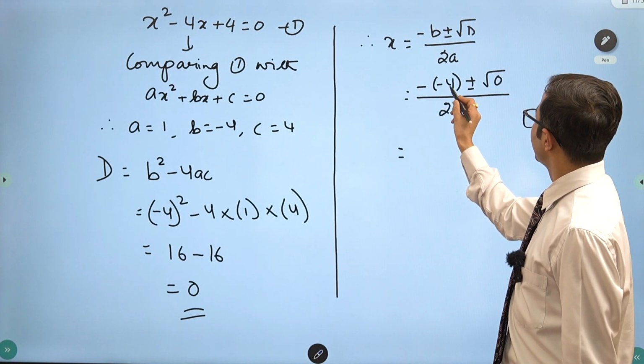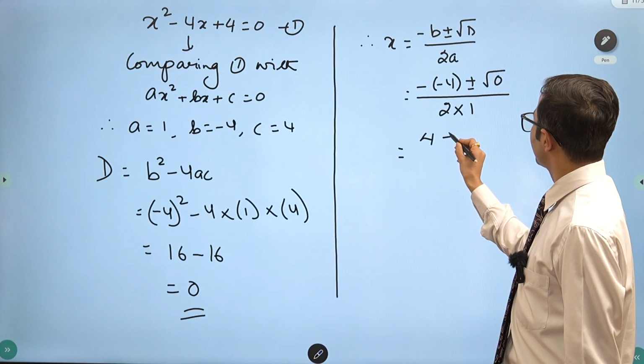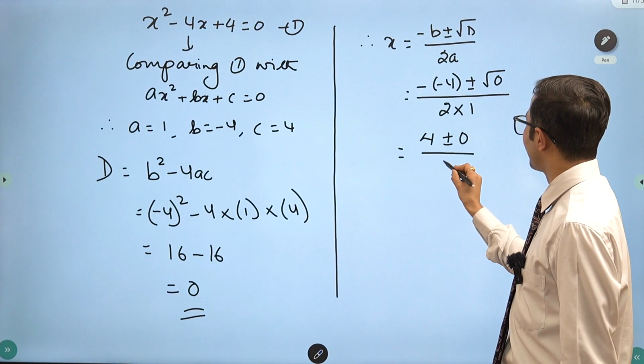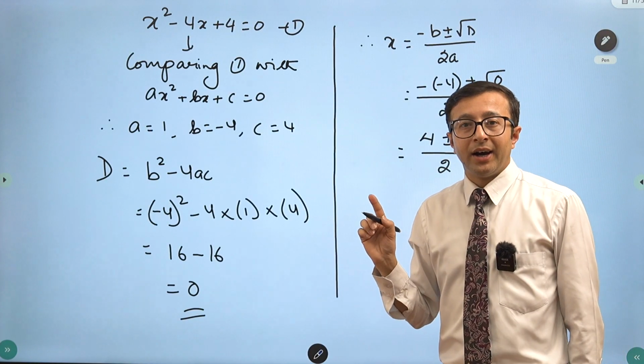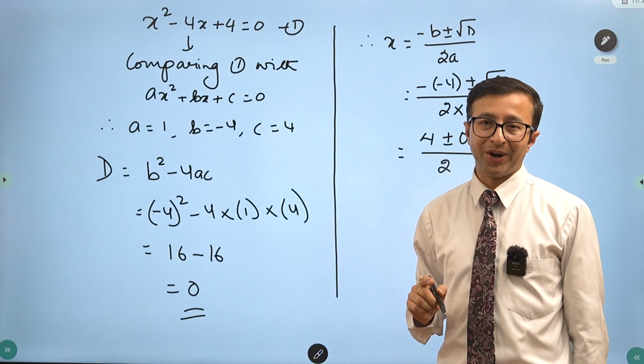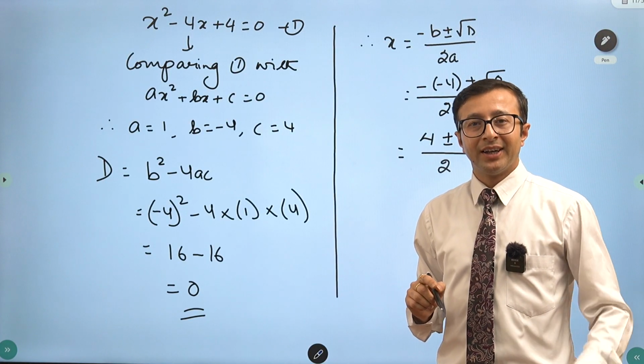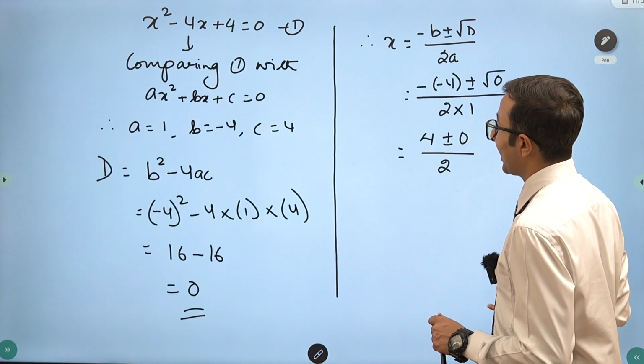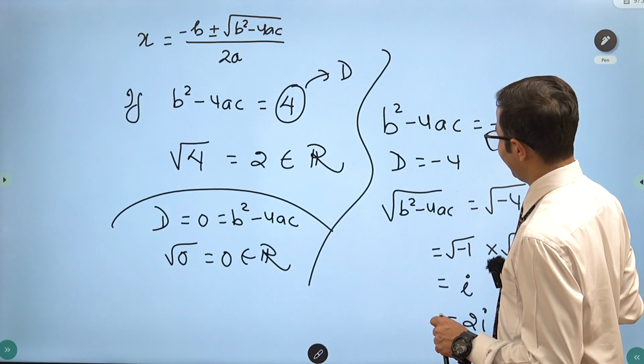So this is minus into minus plus 4 plus minus 0 divided by 2. Okay, why is there plus minus in the quadratic formula? Let me first explain this and I'll come back here again.